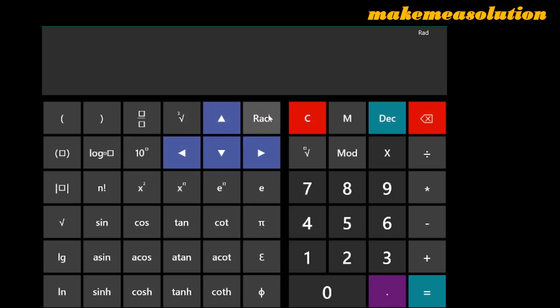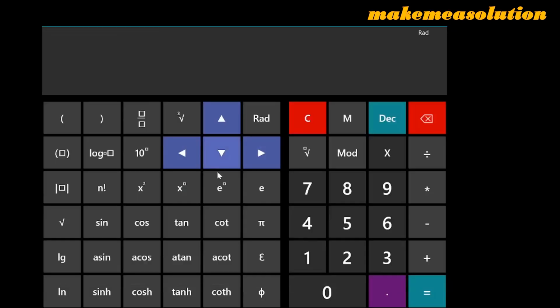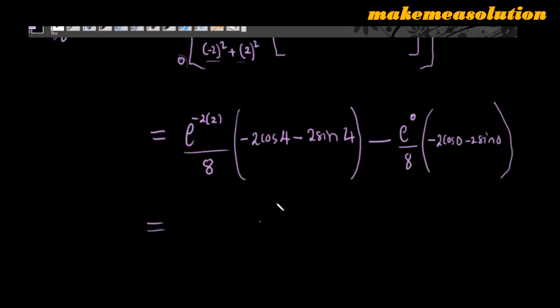Don't forget radians. Only when you're dealing with Fourier series can you work with degrees, but when you're working with normal calculations involving exponentials and sines, or exponentials and polynomials, or trigonometrics and polynomials, or trigonometrics and exponentials, you should work with radians. There's a reason for that.